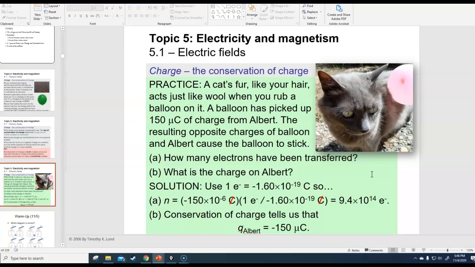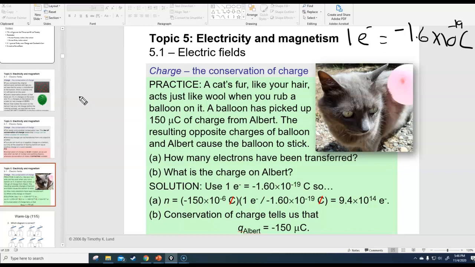The first question says, how many electrons have been transferred? To answer this, you would say, okay, one electron has a charge of negative 1.6 times 10 to the negative 19 coulomb, which is a very small amount of charge. We want to know how many electrons it takes to make up 150 microcoulomb of charge.